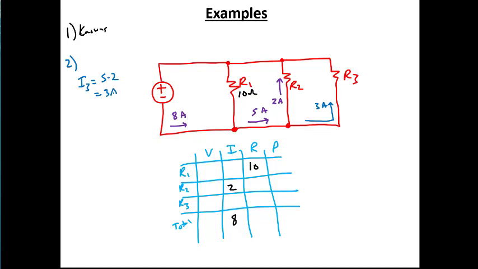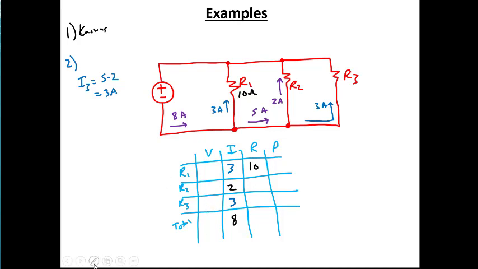So it's going to be 3 amps. So this is 3. Okay. Now we can figure out what the current here is. If I have 8 going in and I have 5 going out, then this must be 3 amps. Oh, geez, I wrote this in the wrong spot. This one should be 3, and then R1 should also be 3.